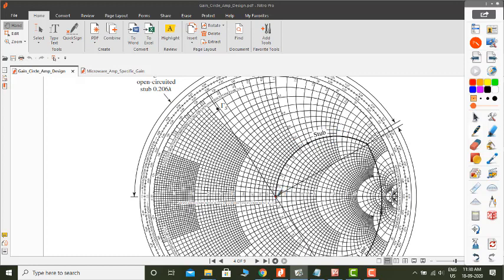This circle is called the unit circle because it is passing through the middle of the Smith chart, which is 1.